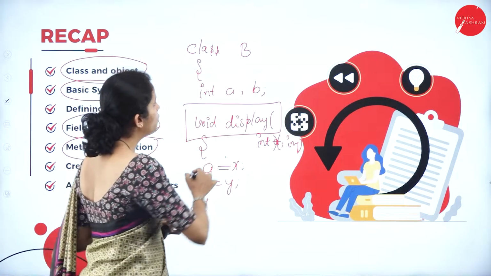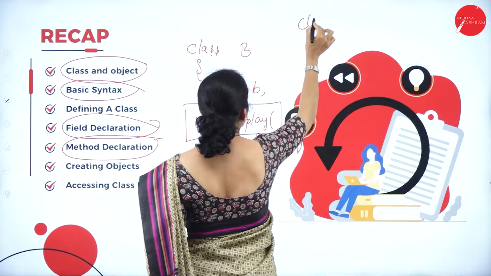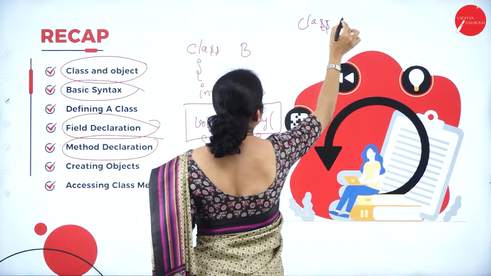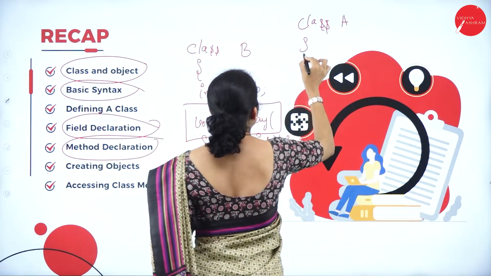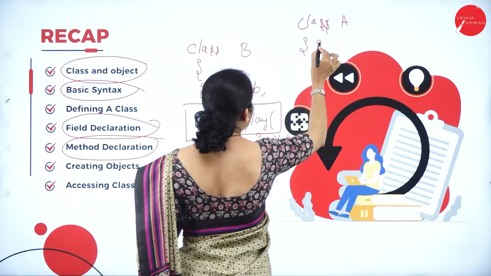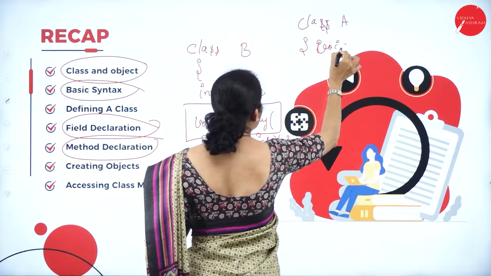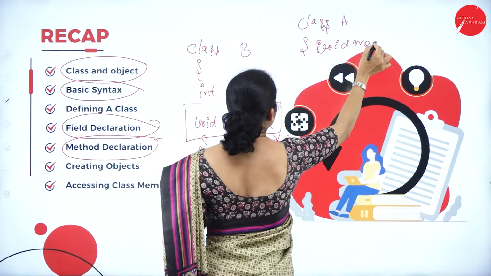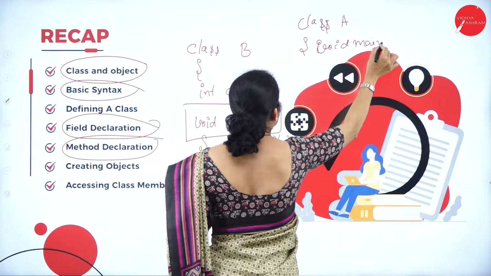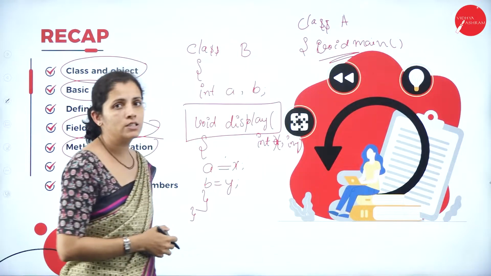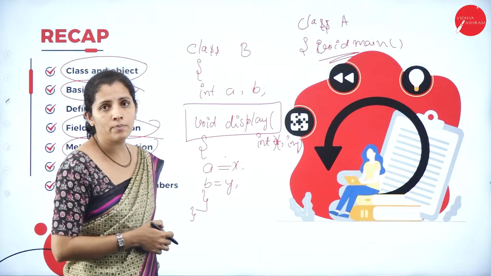Now I'm going to write another class called A. Inside that, I'll write the main function. So what is the structure of the main function in a Java program?